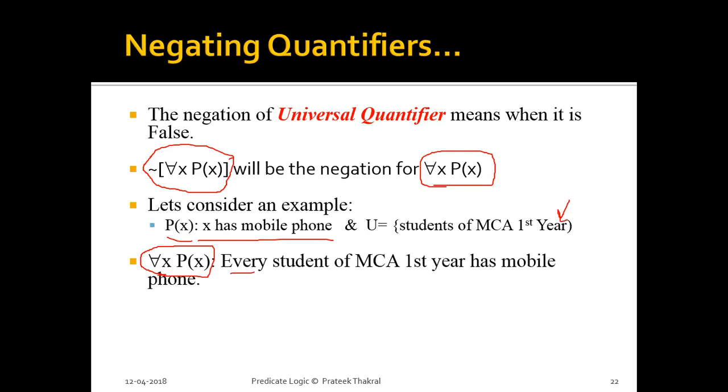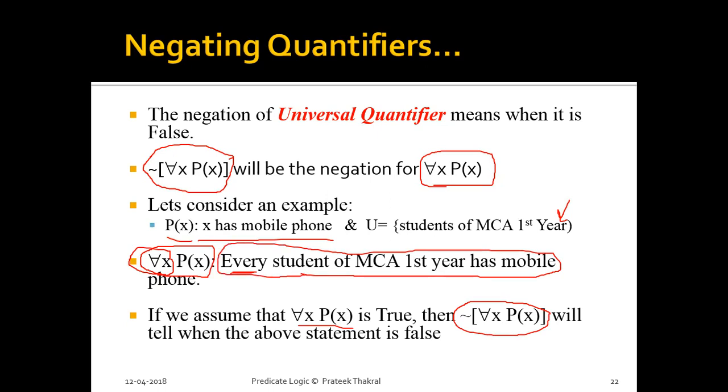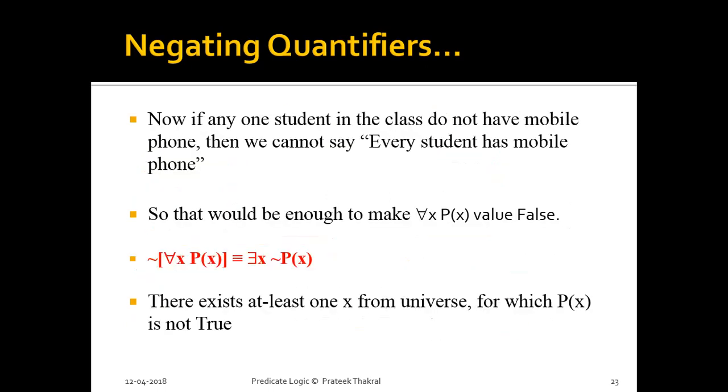The keyword every here denotes that we are talking about the universal quantifier, about all students of the class. Now if we assume this statement is true, then its negation will tell us when the statement will be false. So how can it happen?